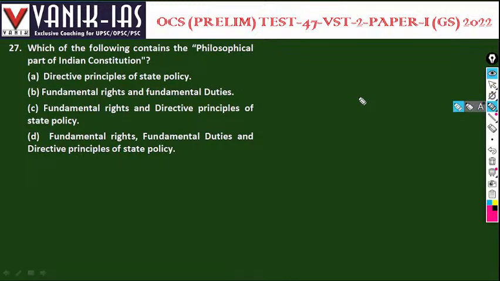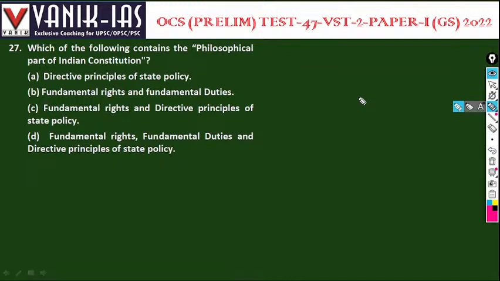Which of the following contains the philosophical part of the Indian Constitution? The Directive Principles of State Policy, fundamental rights, fundamental duties.